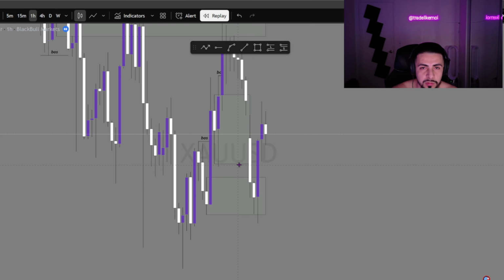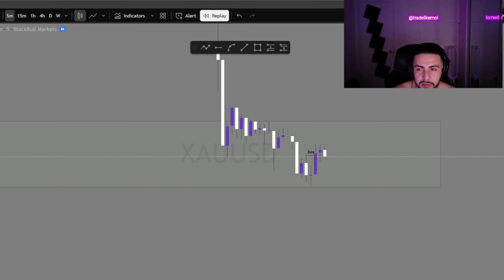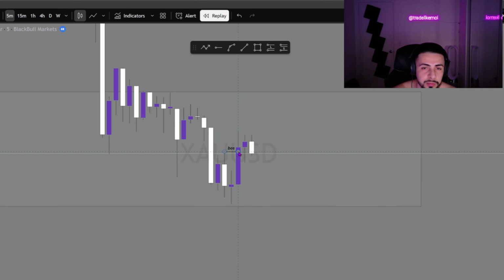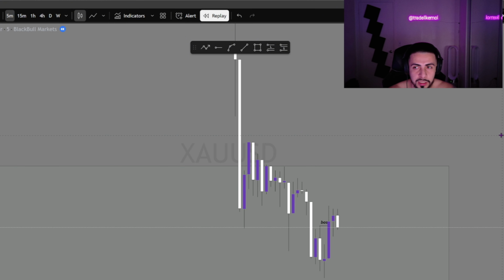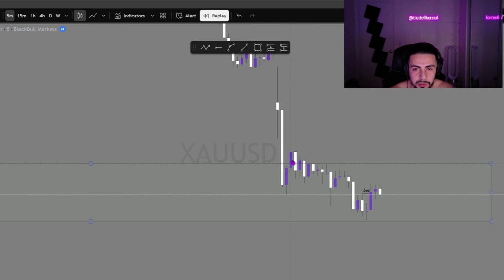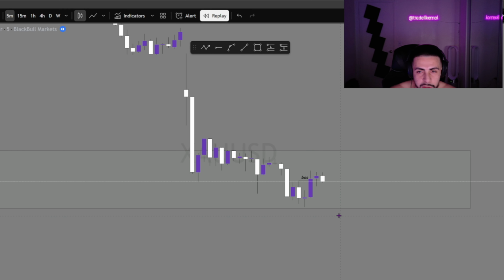So this is an order block, and here we have a breaker structure. That's what we want: we want the market to change back into a bullish trend. As you can see here, it opened up bearish, so we want the market to change back to a bullish trend on the 5-minute, signaling we're going to be looking for a buy.